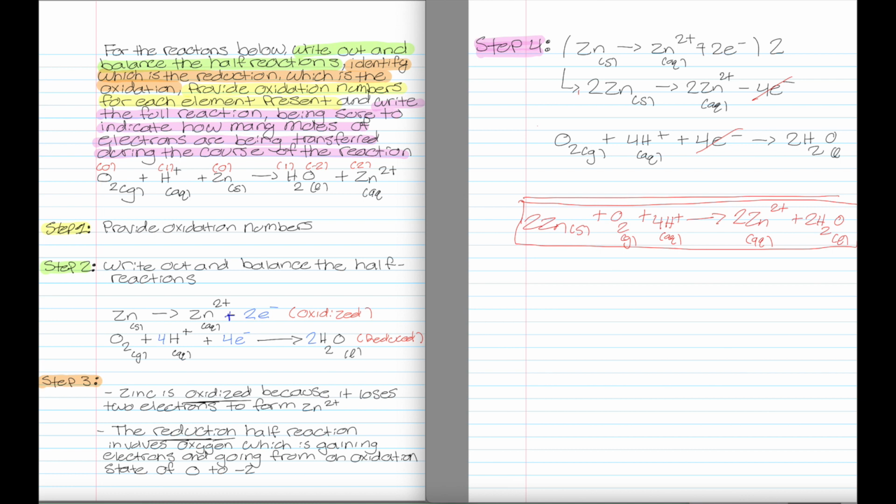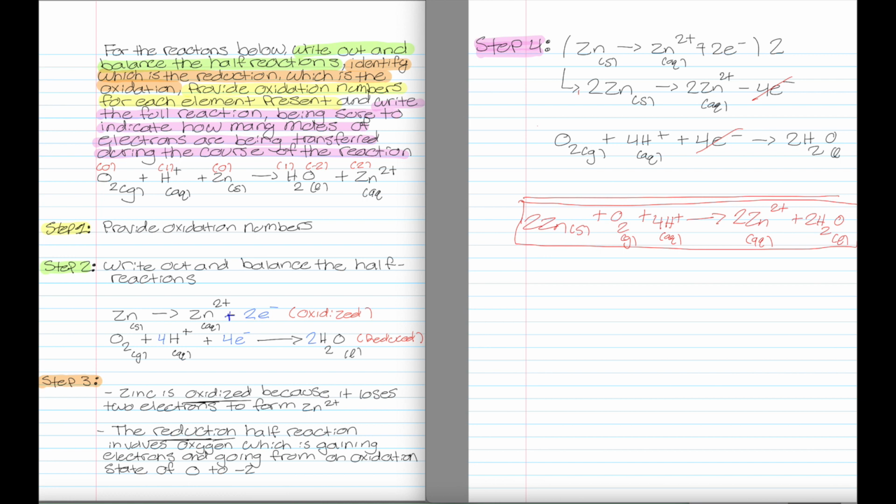And now that we have balanced half reactions where the electrons cancel on each side, we can add up our reactants and our products and get our complete reaction. After completing this final step, we get our final answer of 2 solid zinc plus O2 gas plus 4 H plus goes to 2 moles of zinc 2 plus and 2 moles of liquid water.